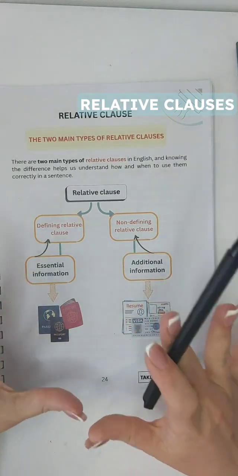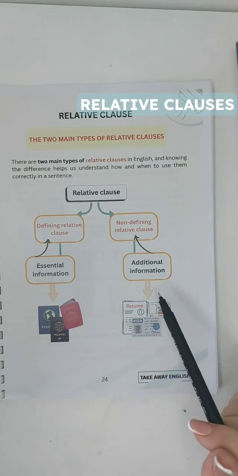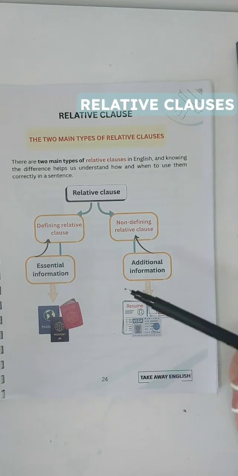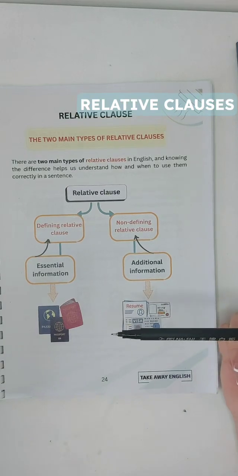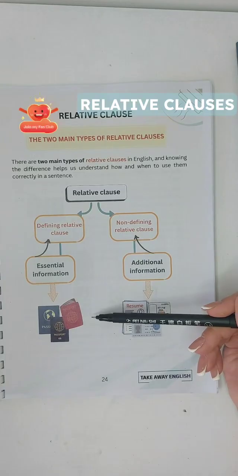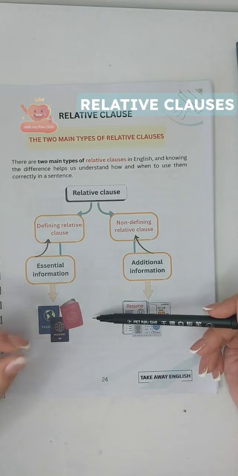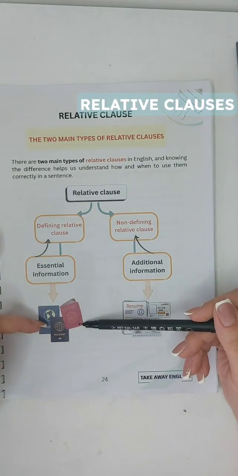Which one of these documents is essential? The passport is essential, right? So it's like a defining relative clause. It identifies the person. We cannot be identified without the passport, right?